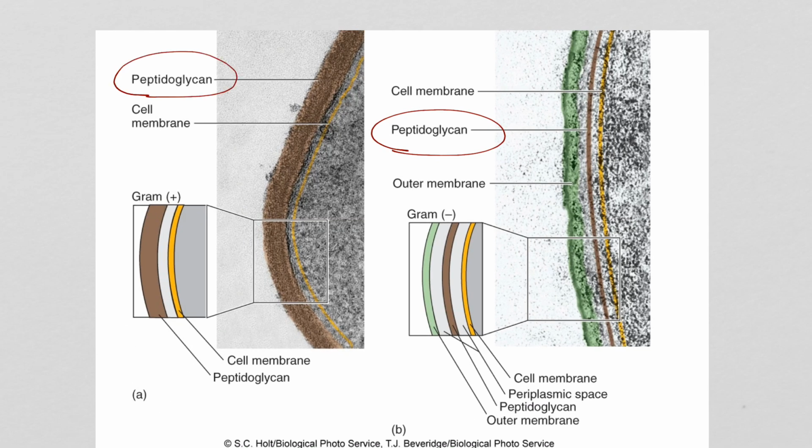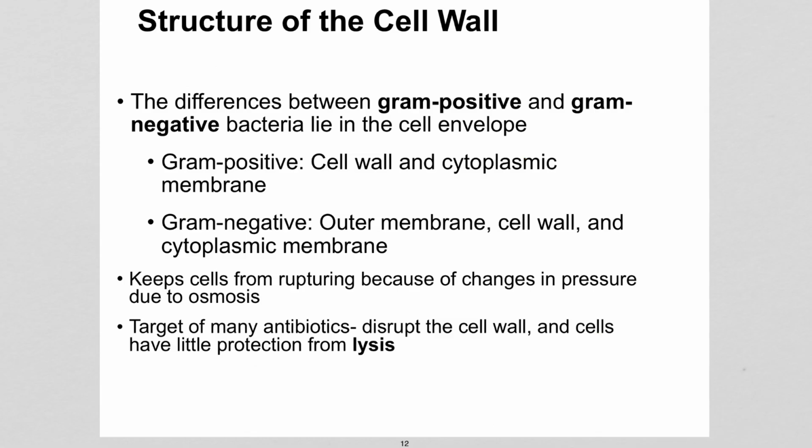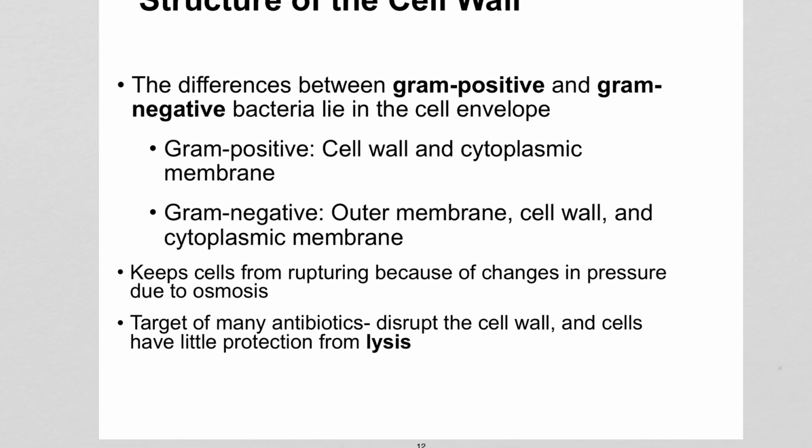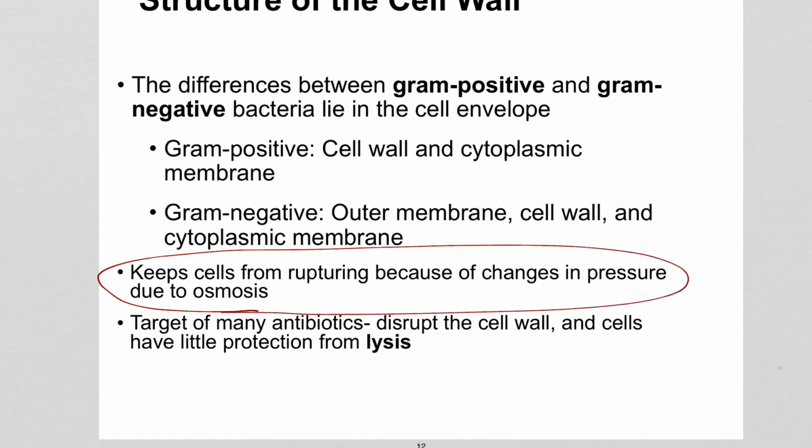Same molecule in gram-positives and gram-negatives, just it's much thicker in positives. And the whole purpose of that rigid layer, peptidoglycan, peptido for protein, glycan for sugar, for carbohydrate, it's just a big mashup of protein and carbohydrate that makes a thick, dense wall whose main purpose is to resist changes in pressure.